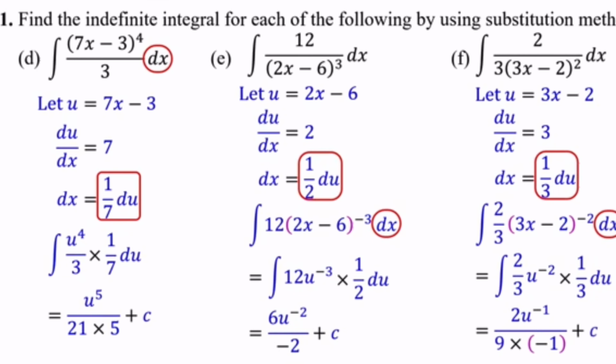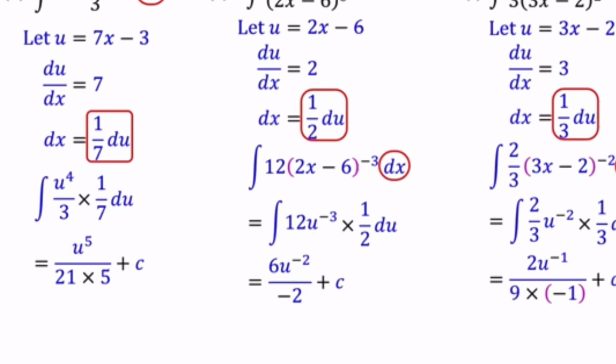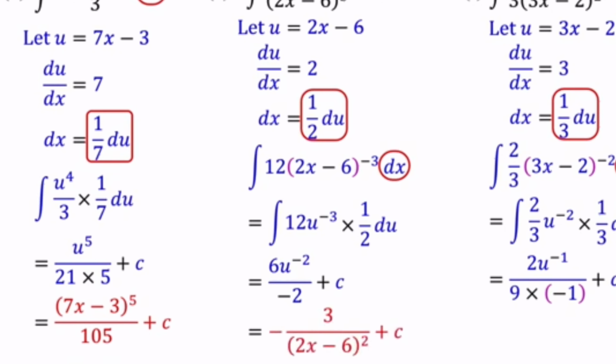So you take 12 u to the negative 3, then times 1 over 2 du. Then when you integrate, it becomes 12 u to the negative 3 plus 1 over negative 3 plus 1 times 1 over 2 du. So after you simplify, you will get the answer, which is as shown there.